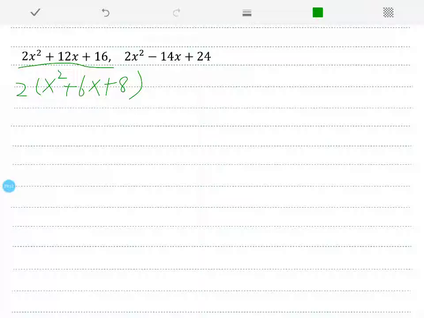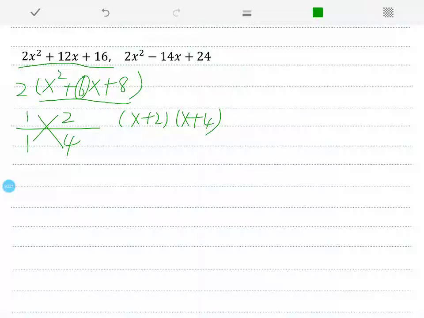Okay, now you just factorize what's inside the bracket by the cross method. So 1 times 1 for the x squared term, and 2 and 4 for 8. Then 1 times 4 plus 1 times 2 equals this 6, the correct combination. Then you choose the same row, so that becomes x plus 2 times x plus 4. And finally, you put the 2 in the very front here. So the final answer is 2 times x plus 2 times x plus 4.